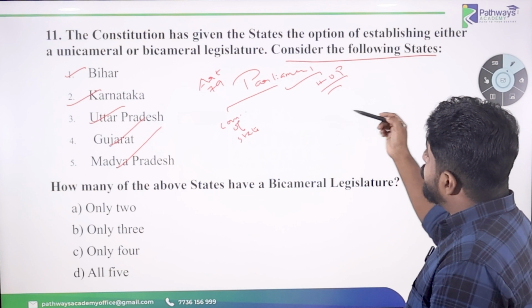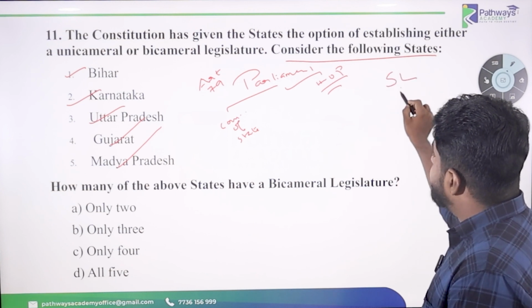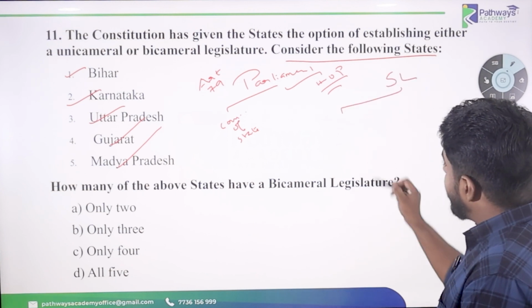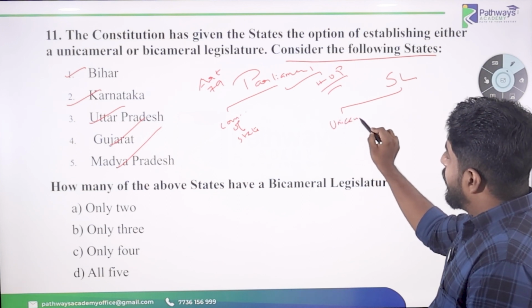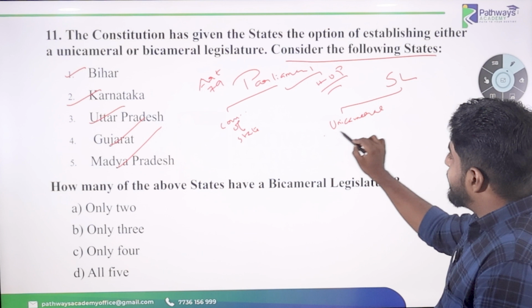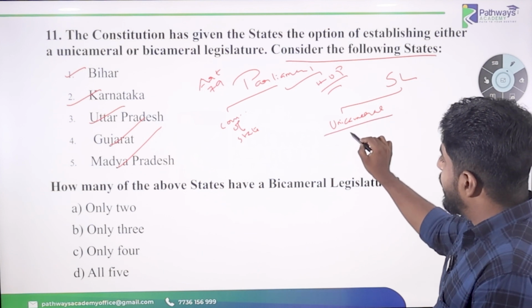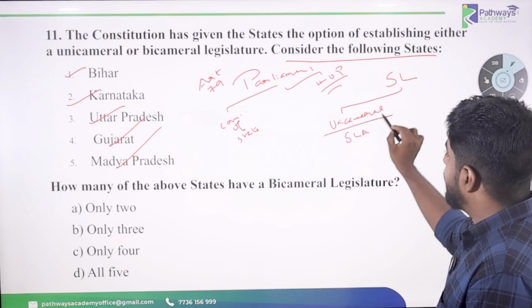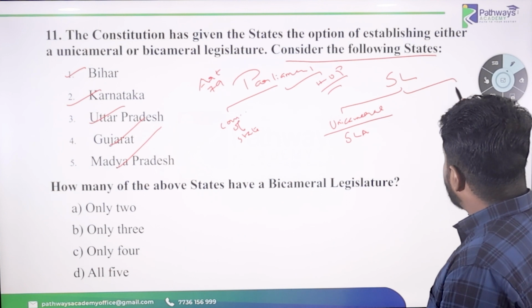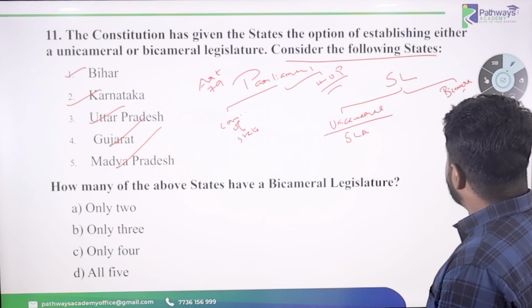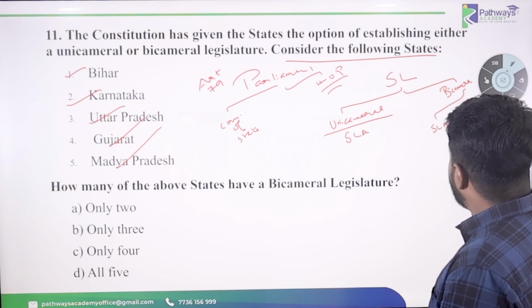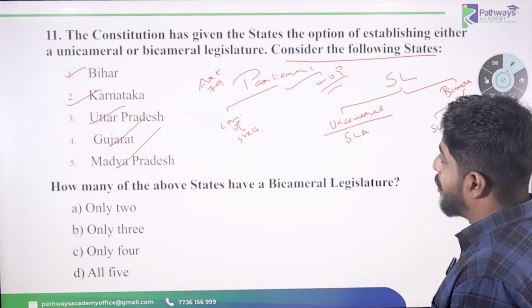Now, when it comes to the state legislature, there is an option. The state legislature may be unicameral, in which case it will have a state legislative assembly. The state legislature can also be bicameral. If it is bicamerally constituted, it will have a legislative assembly as well as a legislative council. So, there is an option.